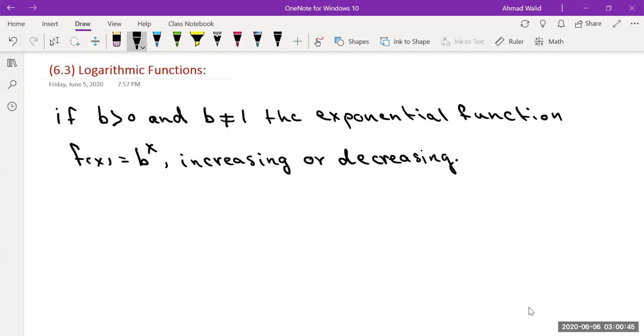This was the definition of the exponential function, which I reviewed with you in 6.2.